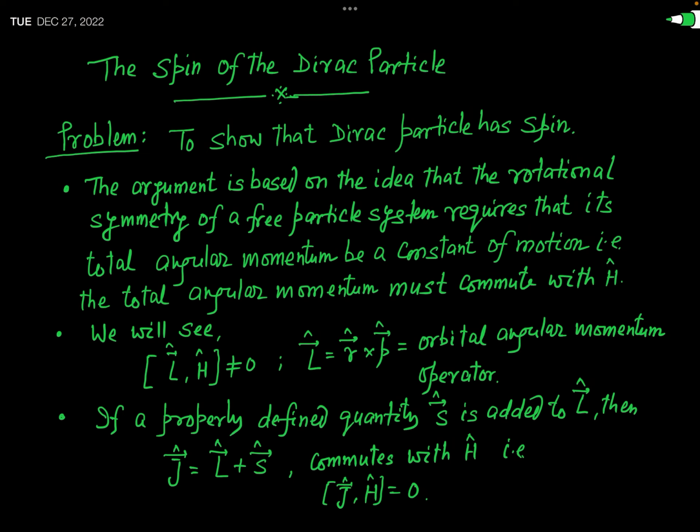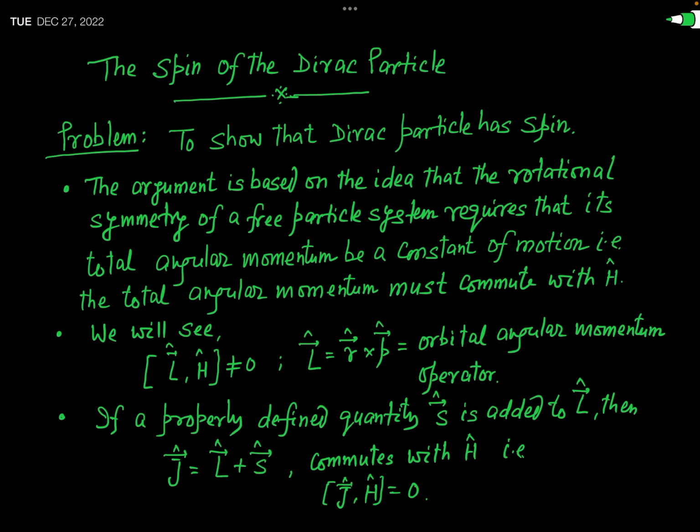So to solve those problems, Goudsmit and Uhlenbeck proposed a hypothesis regarding the spin of the electron. But that was just a hypothesis, although it was verified experimentally by Stern and Gerlach. You have studied in my previous videos on atomic and molecular physics, in great detail, the famous Stern-Gerlach experiment.